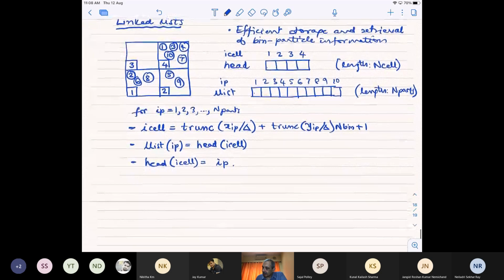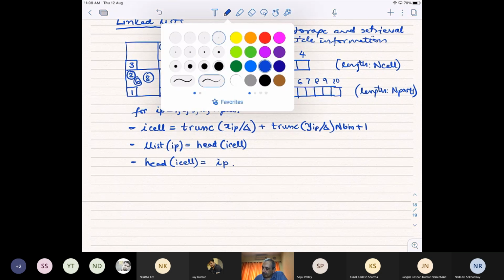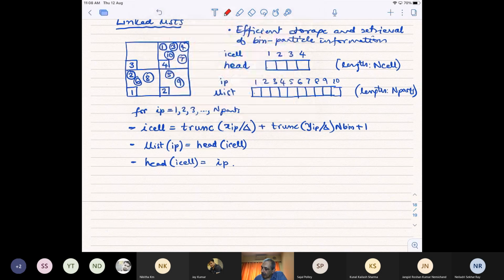In our case we don't have to do this calculation because I've already done it and put the particles in all the bins, so we know what it is. First, you have to start by putting zeros in head of I cell. Then let's look at particle 1.